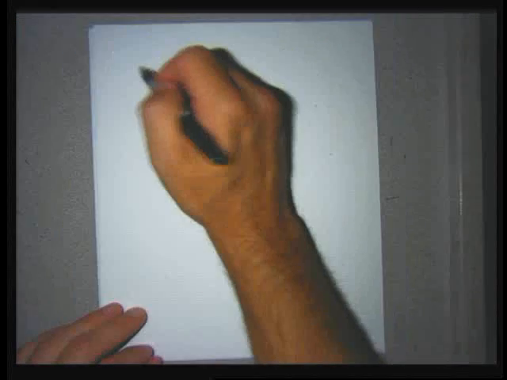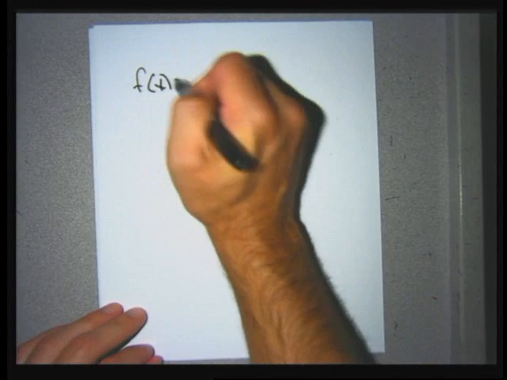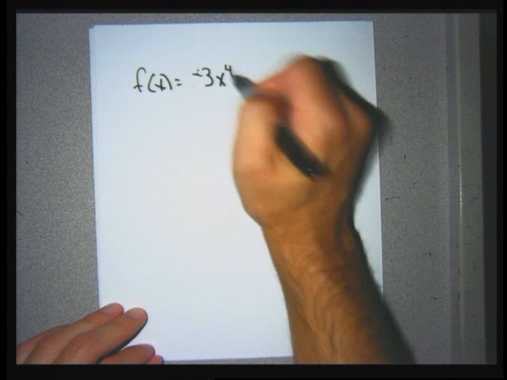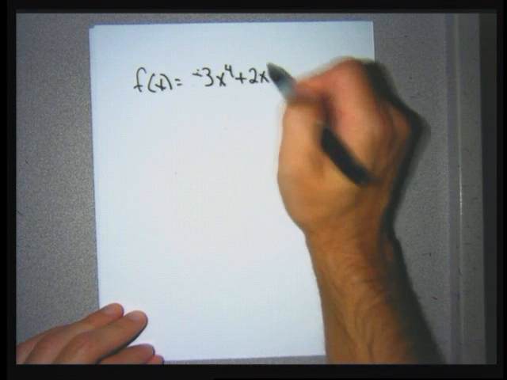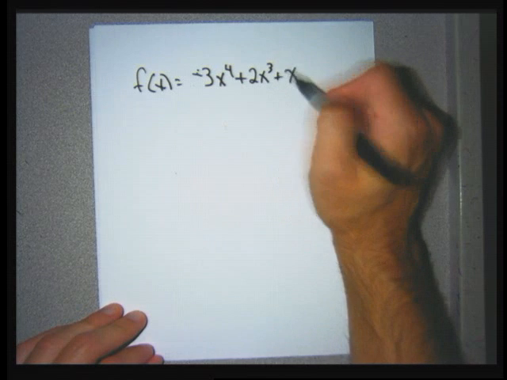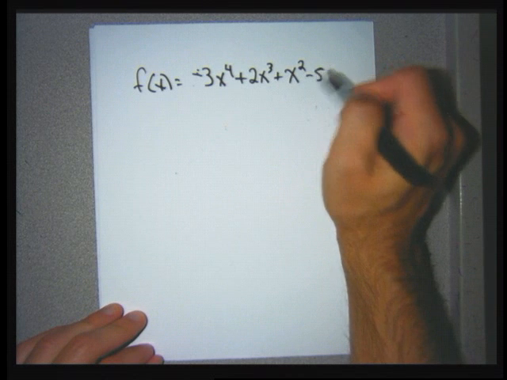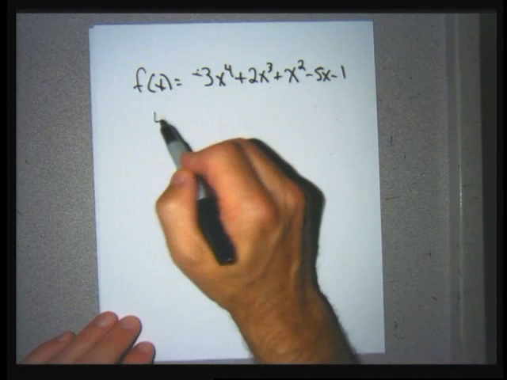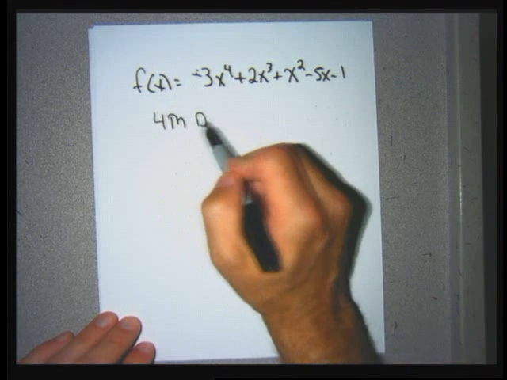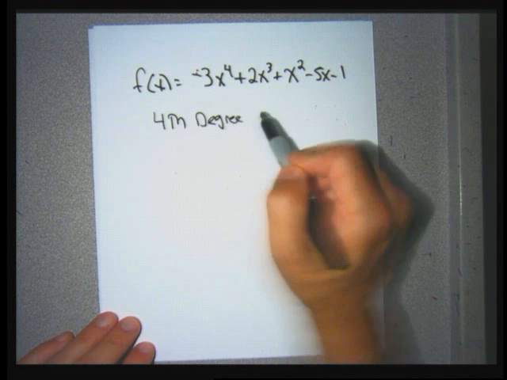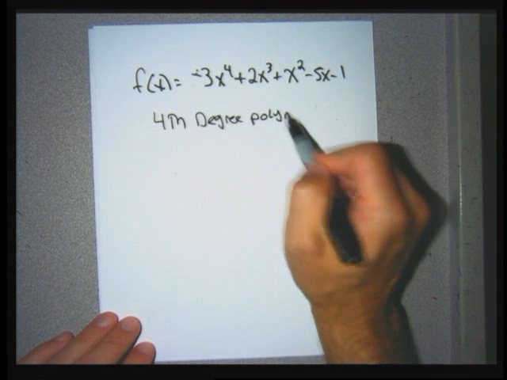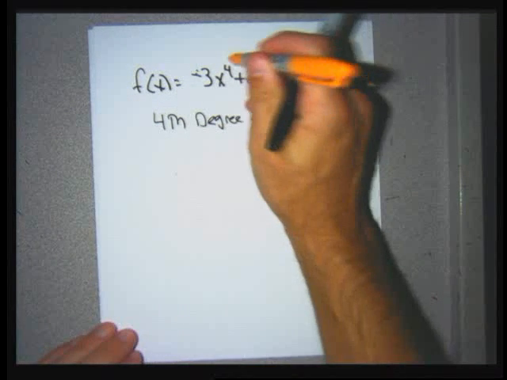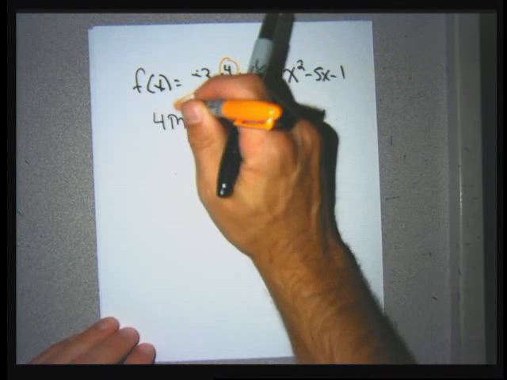So if I gave a function like this, f of x equals negative 3x to the 4th plus 2x cubed plus x squared minus 5x minus 1. This is a fourth degree polynomial, because the highest exponent is a 4.